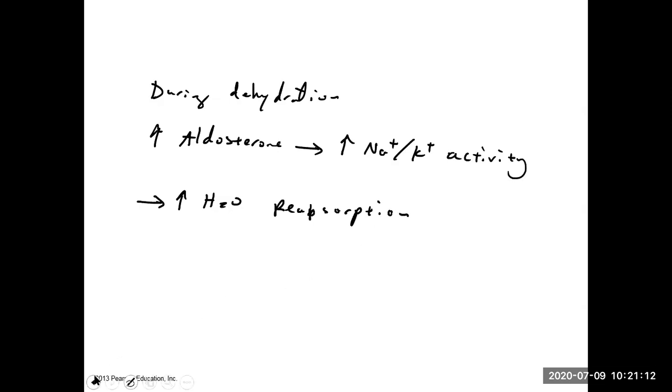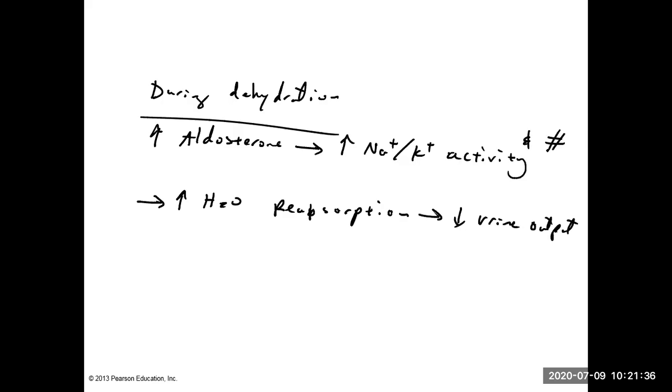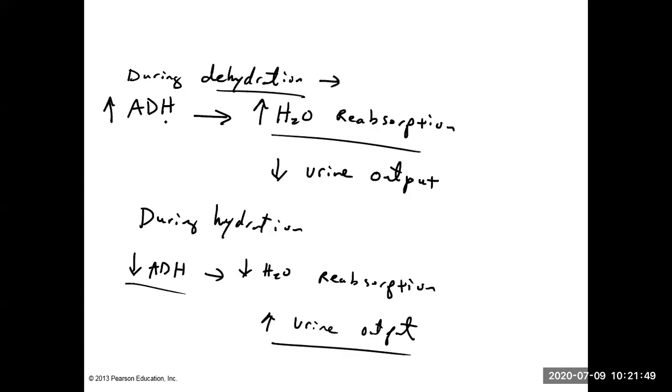And therefore, again, the same thing as this one, you would have lower urine output. And during hydration, exactly the opposite would occur. Lower aldosterone, lower sodium potassium pump activity and number. That means fewer of them. And therefore you would have lower water reabsorption and you would have higher output during hydration. So basically it does exactly the same thing as this one does, all right?